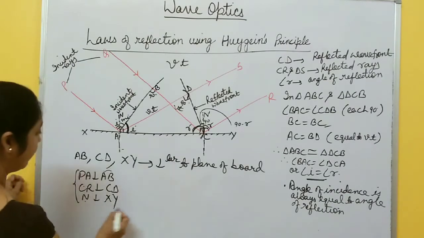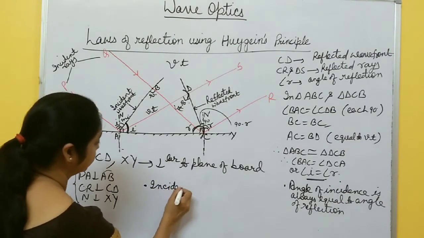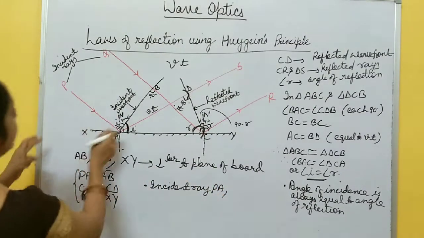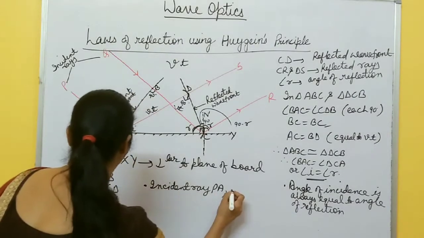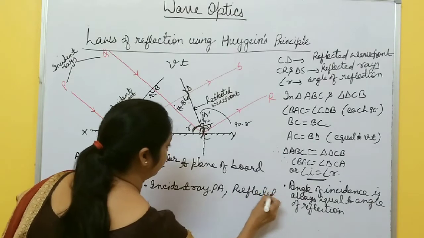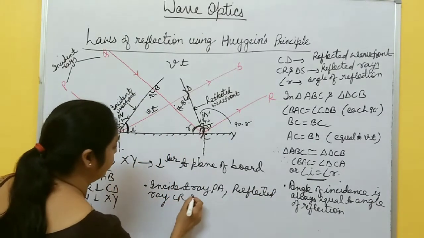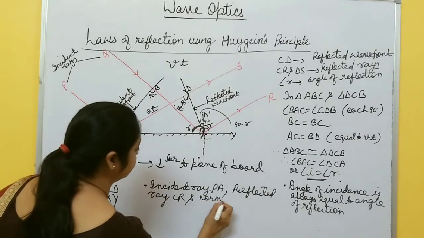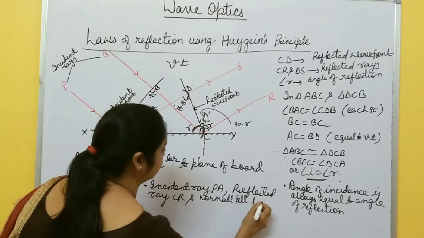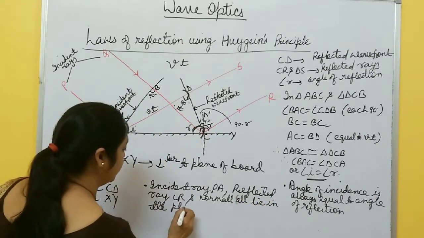So you can easily write incident ray PA, you can write PA and QB also, then reflected ray CR and normal all lie in the plane of paper.